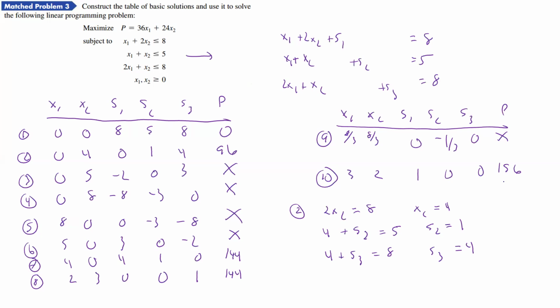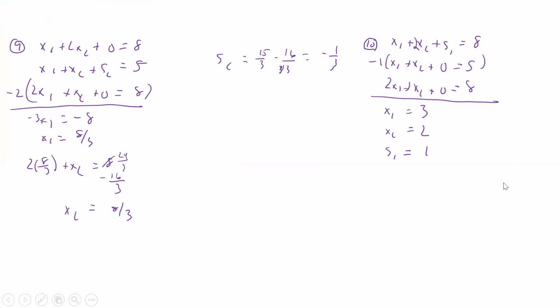Okay. And so that appears to be the largest one. And so my solution, when they ask for the actual final solution, is going to be the max P, or my max P equals 156, and that's going to be at the 3, 2, 1, 0, 0 if I write them all down, or if I just write only my x1 and x2, that's x1 at 3, x2 is equal to 2.